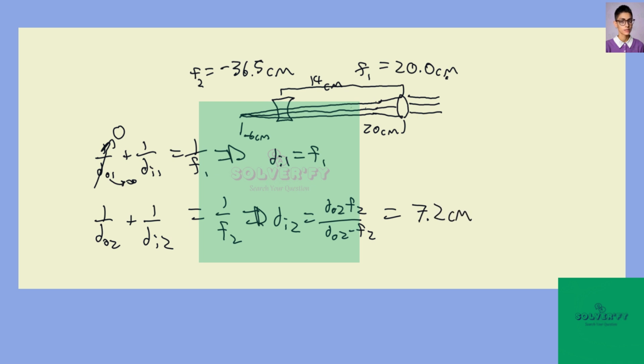All right, so we get that the final image is 7.2 centimeters. So the final image is going to be real, and it's going to be 7.2 centimeters beyond the second lens.